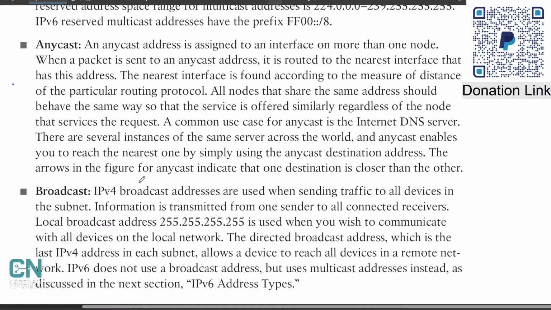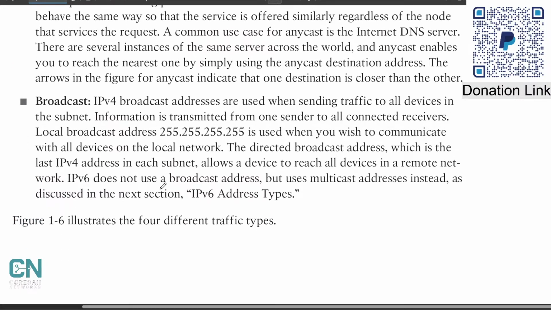Okay, where are we? Here. Anycast enables you to reach the nearest one by simply using the anycast destination address. The arrows in the figure for anycast indicate that one destination is closer than the other. Broadcast.